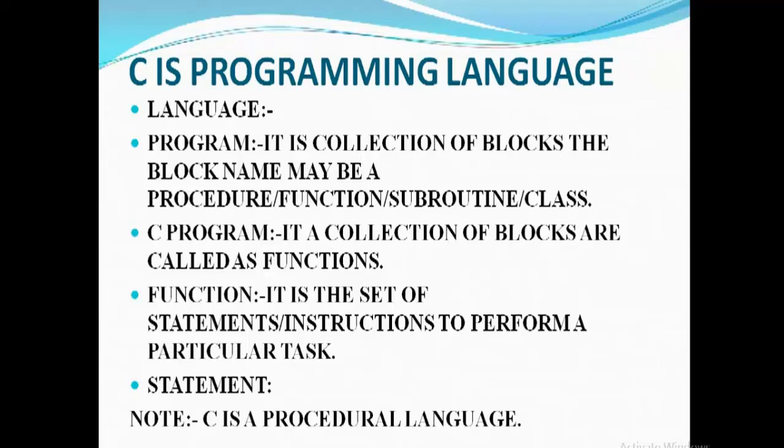The C language supports writing the program as a collection of blocks using functions. So function is one of the methodologies of procedural technology, and that's why C is called a procedural language.